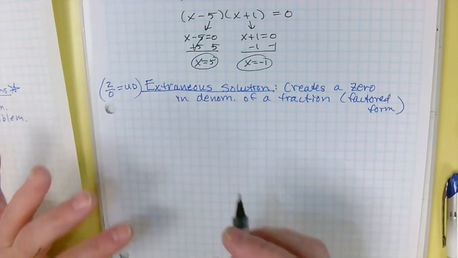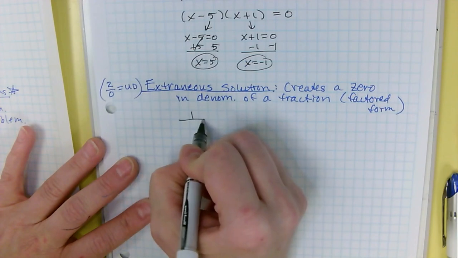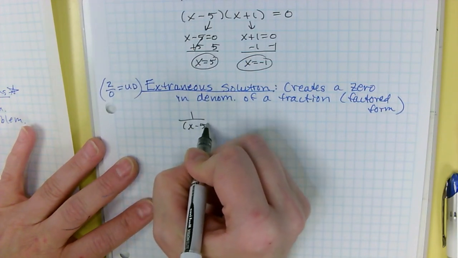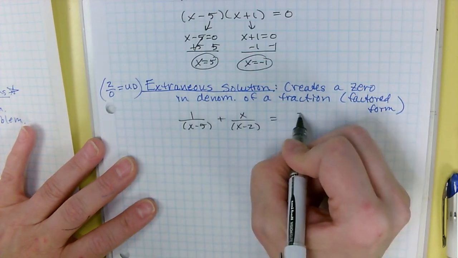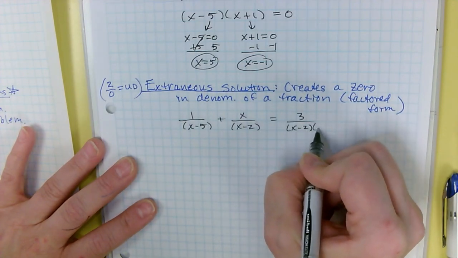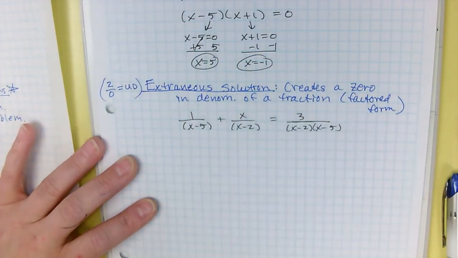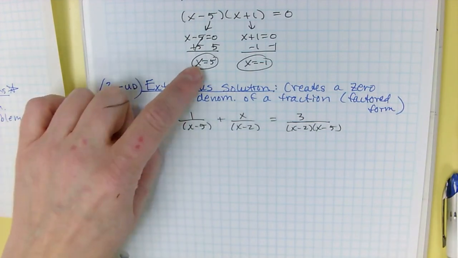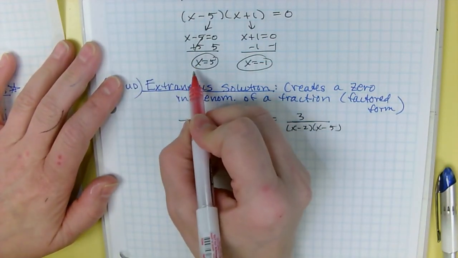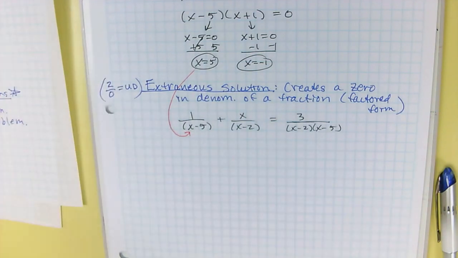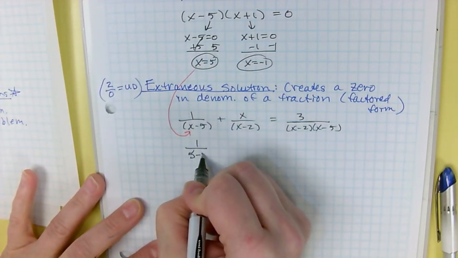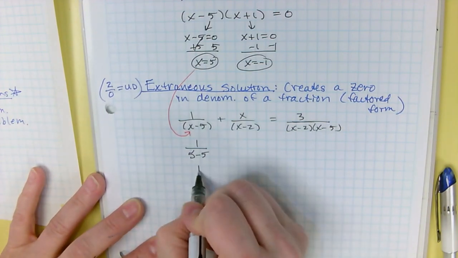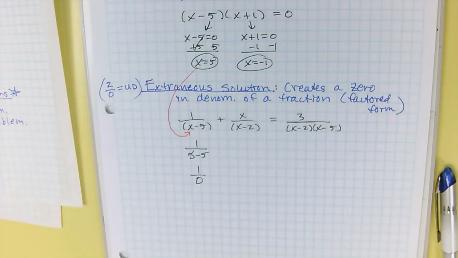So just rewriting the original in factored form, it was 1 over x minus 5 plus x over x minus 2 equals 3 over x minus 2, x minus 5. So if you look at the 5, if you substitute it in there, I get a 1 over 5 minus 5, which is a 1 over 0. We cannot divide by 0.